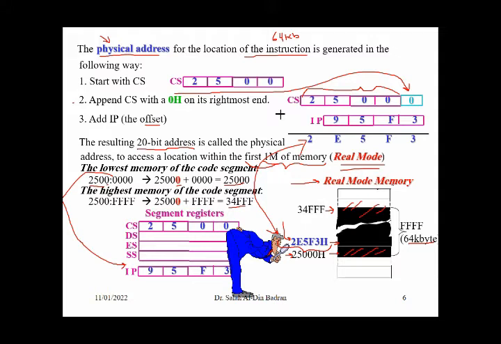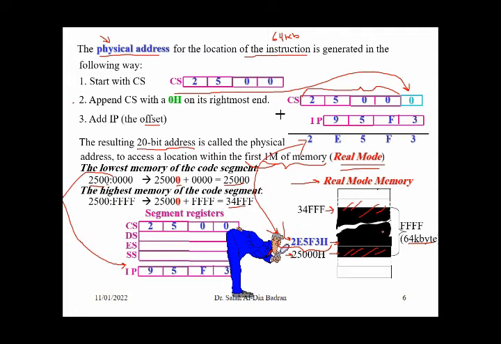Your location, which consists of CS and the IP, you should find within the 64-kilobyte segment.